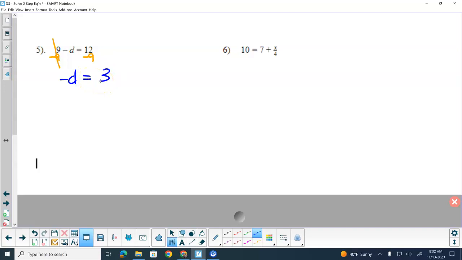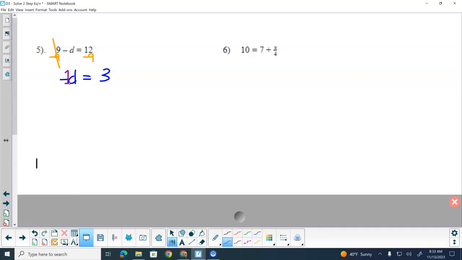Now, when I was walking around the room, some of you got all of a sudden scrambled because I said up here that negative d doesn't have d by itself. Okay? What does negative d actually mean? It's negative 1 d's, right? So negative 1 times d. Okay? So we want d by itself.